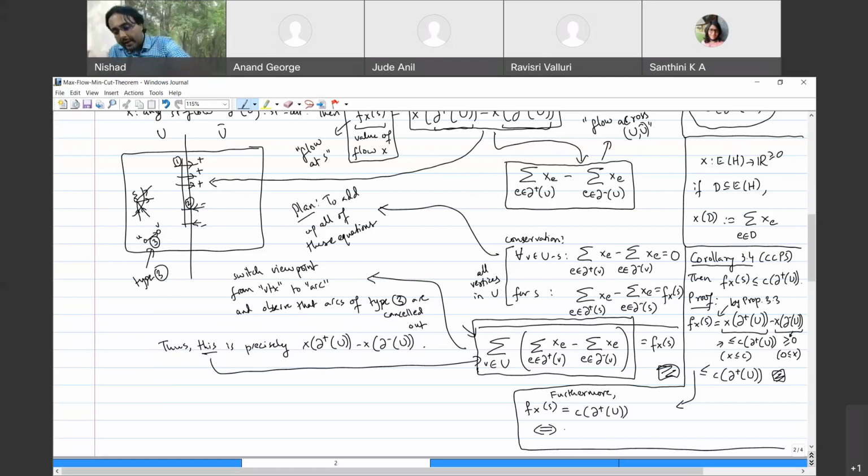So you need all the x values for each arc in partial plus of u to have equality, and for each arc in partial minus of u, so the edges going into u from u bar, you need the x values to be equal to 0. Okay, so that is part of the statement.